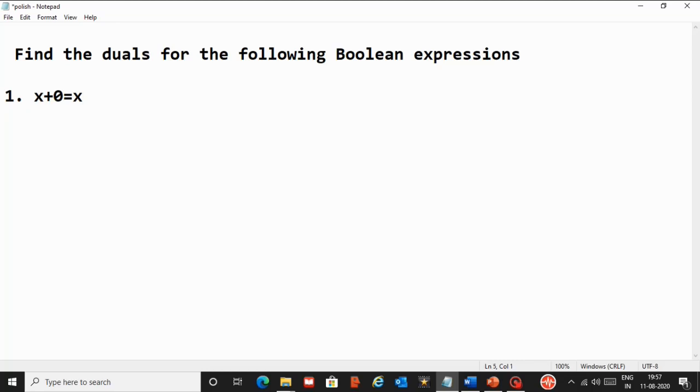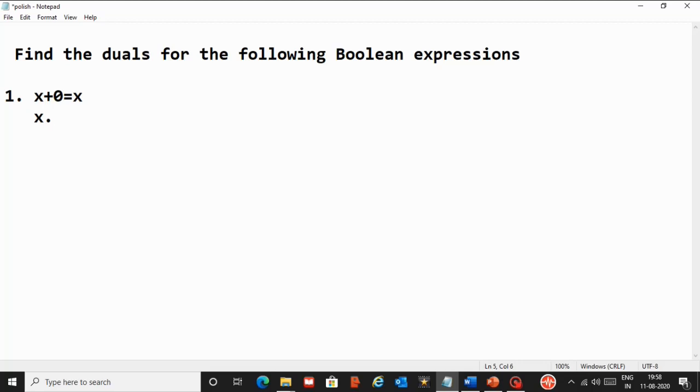So, how will I do that? Here, x remains as it is. I am not changing x here. You are changing only zeros and ones. The variables remain as it is. You are not going to touch the variables over here. Next, x remains as it is. What is the next thing? It is the symbol plus. So, what am I going to change? I am going to change it to dot.